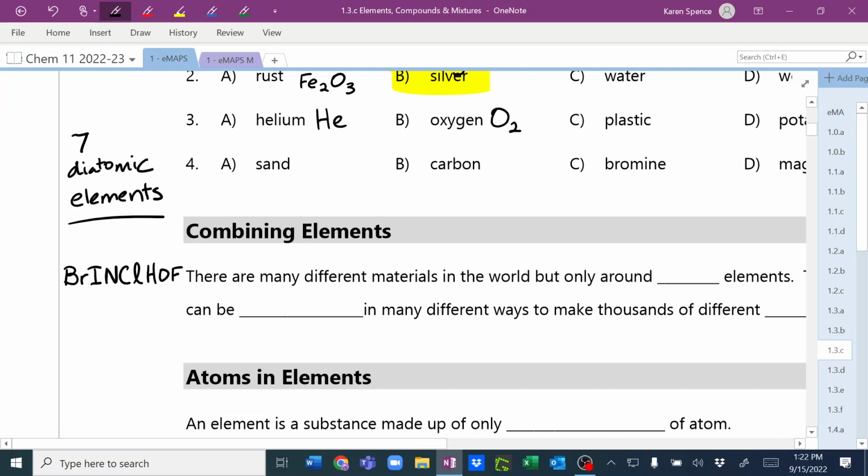So if you can't remember the 7 diatomic elements, you are going to ask Dr. Brinkelhoff because he knows the answer, or she. Who knows the answer? Dr. Brinkelhoff. Who knows the answer? Dr. Brinkelhoff. Who knows the answer? Dr. Brinkelhoff.